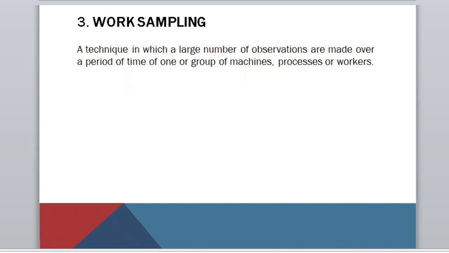work sampling. It is a technique in which a large number of observations are made over a period of time of one or a group of machines, processes, or workers.